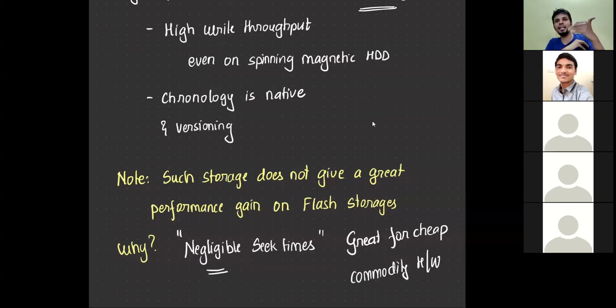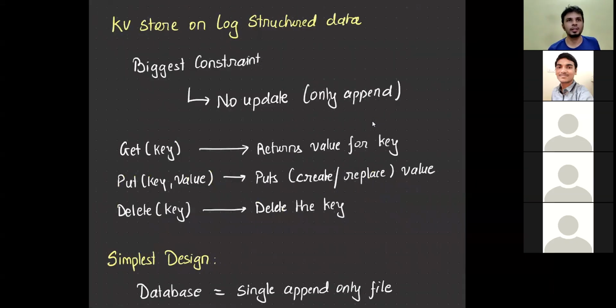You can easily trace back and see the older value. You can theoretically build a time travel out of this for variable values, to see how it got changed through this system. Such storages do not give a great performance advantage on flash storages, as I mentioned, because there is no disk seek happening, but still it saves cost.